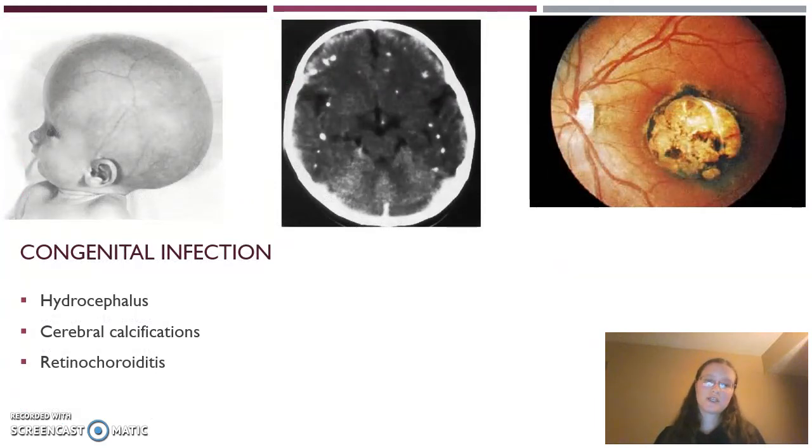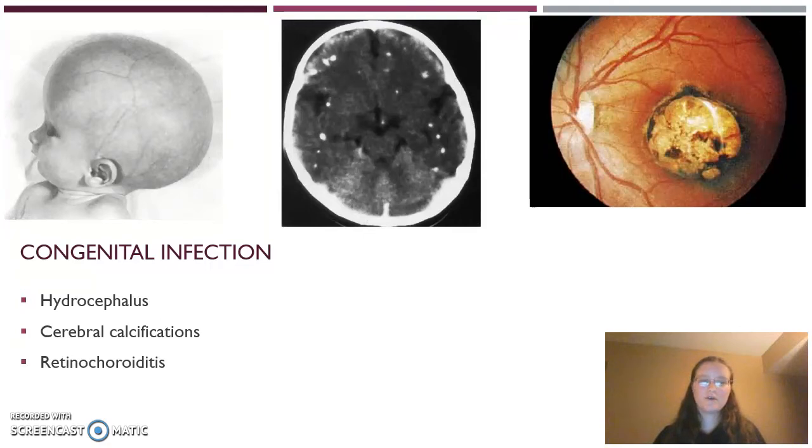The congenital infection will cause much more severe symptoms, and the common ones include hydrocephalus, which is an abnormally large head. There can also be microcephalus, which is an abnormally small head, but hydrocephalus is more common. There's also cerebral calcifications when it enters the brain and kills brain tissue.